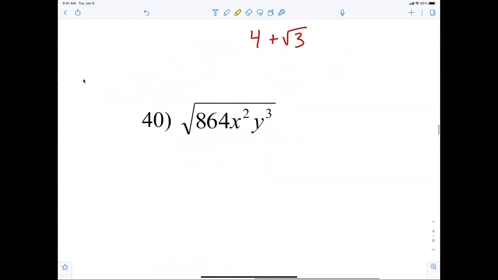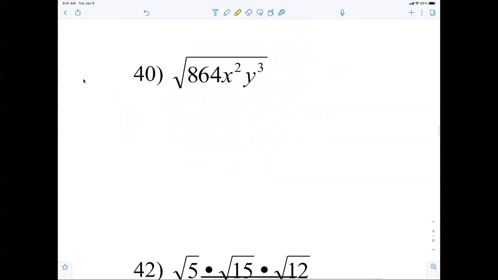40. This one's kind of bad. Square root of 864. Well, 2 goes into all of them, but I wouldn't divide by 2. I would divide by 4 if I didn't know, because I know 4 goes into 8 and 4 goes into 64.